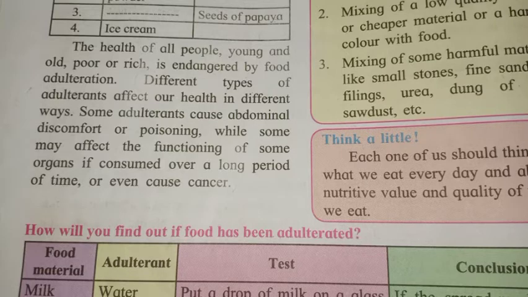Calcium carbide or some other chemicals are used to make fruits look more attractive, for example, bright yellow bananas. In cold drinks, carbonated soda or phosphoric acid is added, and these are very harmful chemicals.